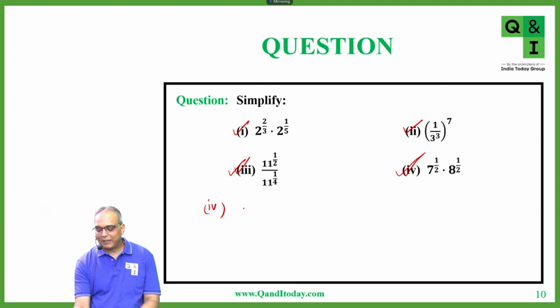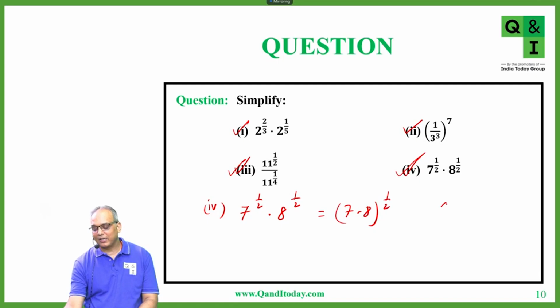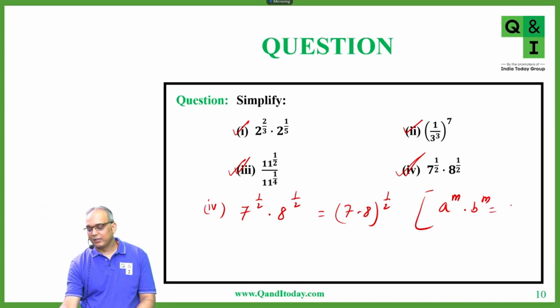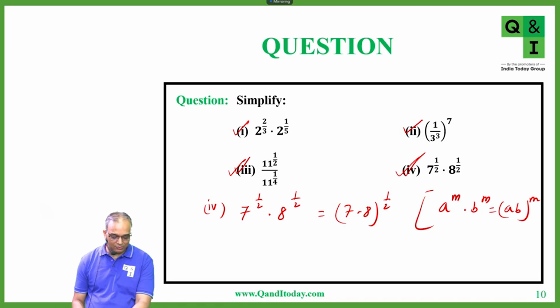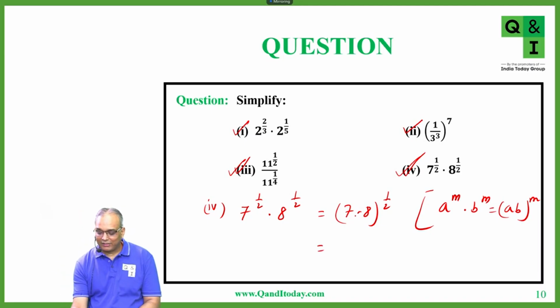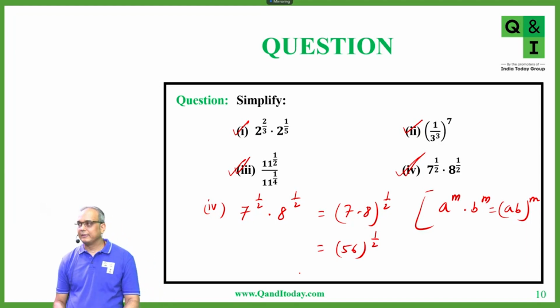This will be equal to 7 into 8 raised to the power 1 by 2, using a to the power m into b to the power m is equal to a into b raised to the power m. So this is 7 times 8 is 56 raised to the power 1 by 2. Clear?